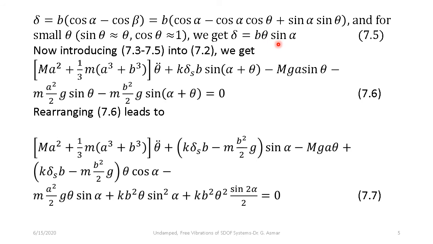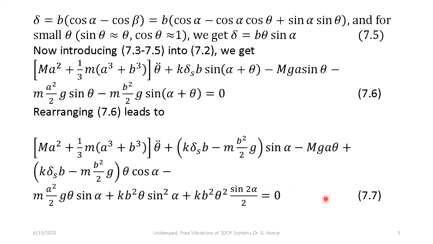Now using the above expressions 7.3 through 7.5 and substituting those into 7.2, we get equation 7.6 right here, which upon again using trigonometric identities and rearranging becomes all of this, which is equation 7.7.